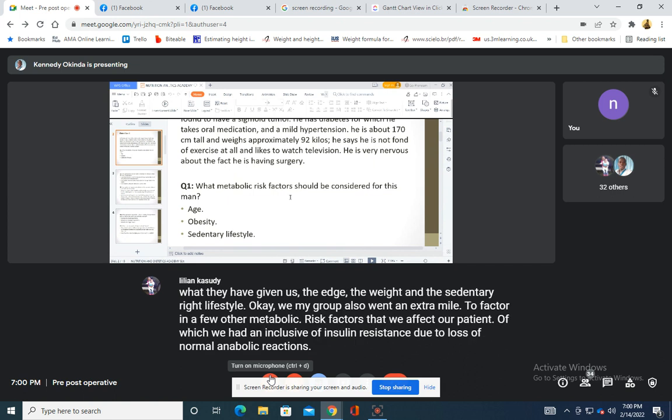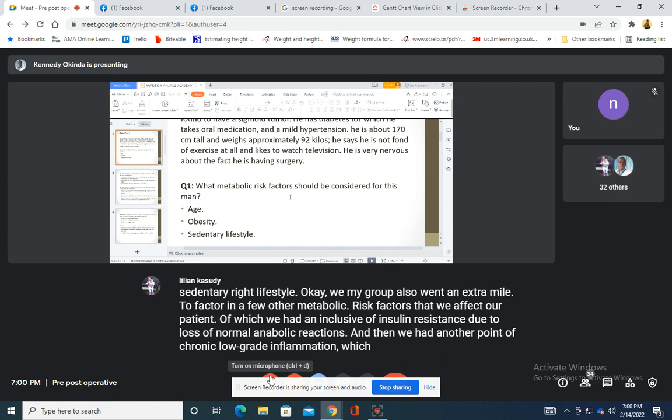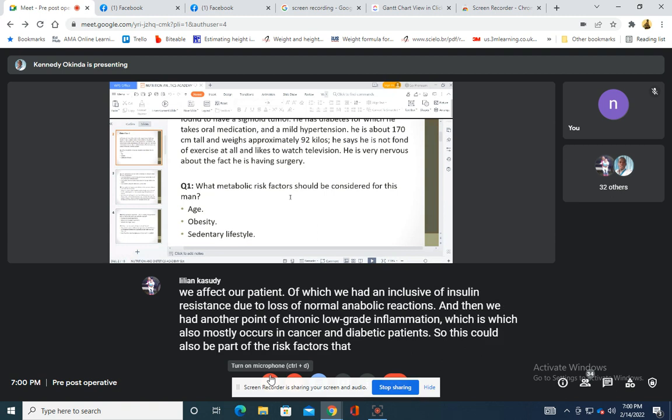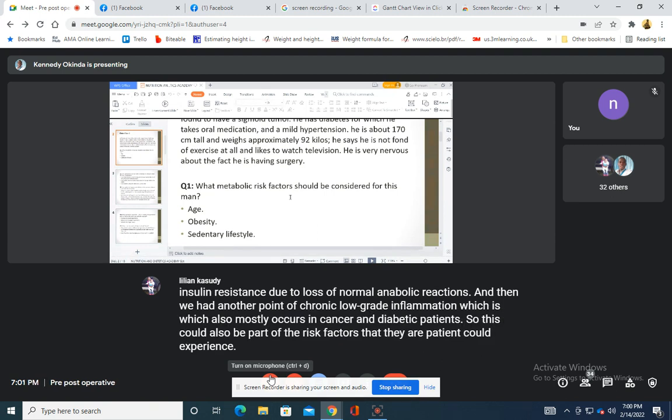And then we had another point of chronic low-grade inflammation, which also mostly occurs in cancer and diabetic patients. So this could also be part of the risk factors that our patient could experience, supposing he's to undergo surgery.